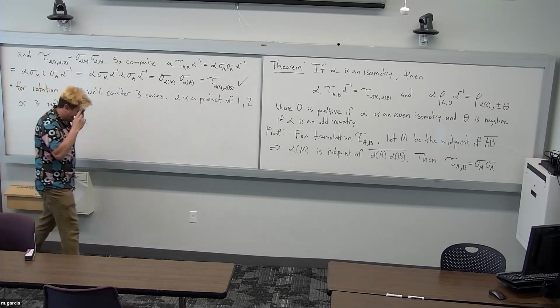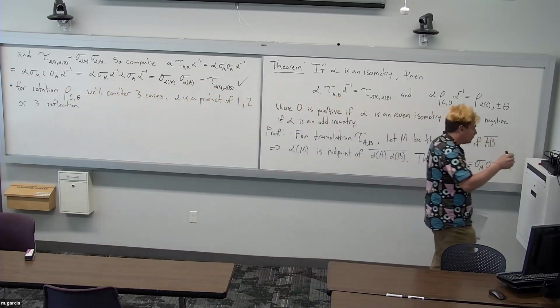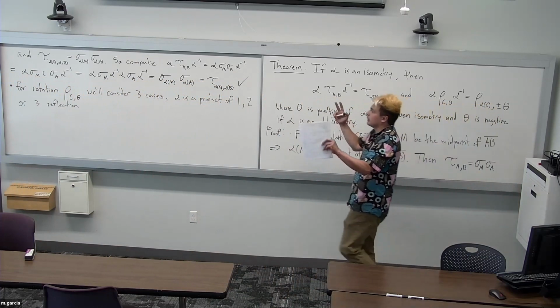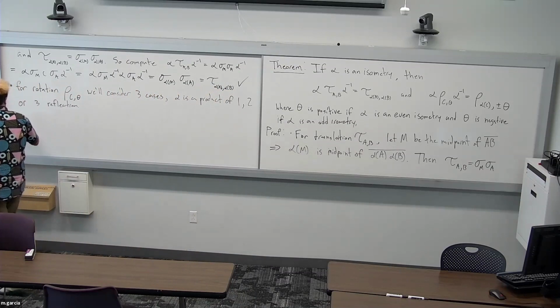This is going back to the fact that we proved over a week ago that an arbitrary isometry is the product of at most 3 reflections. Okay, so case 1.